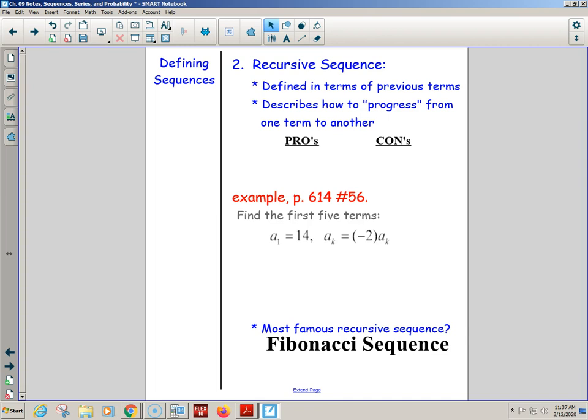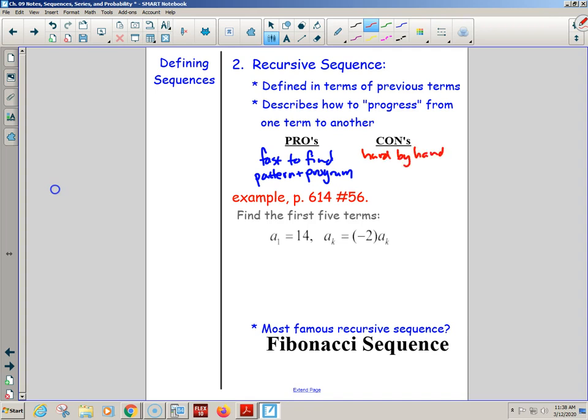Pros: it's usually fast to find the pattern, and once you learn how to program, you can find the pattern. If you know how to program it, like I kind of showed you in your calculator, it goes pretty fast. The cons are, it's going to be hard by hand.